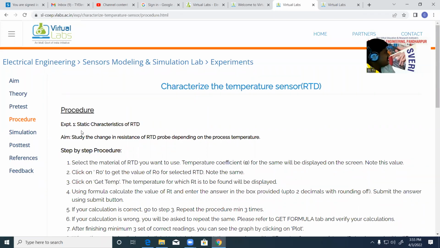Its resistance changes, no? If the RTD is exposed to that temperature and the temperature changes, what happens in that element? Resistance changes. If the resistance changes, what effect will be obtained?